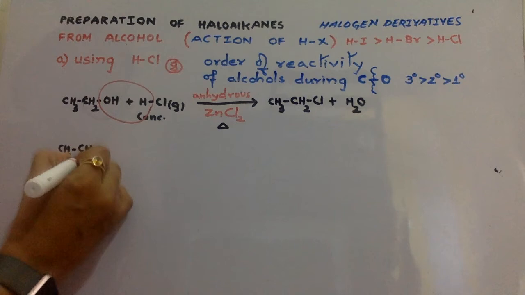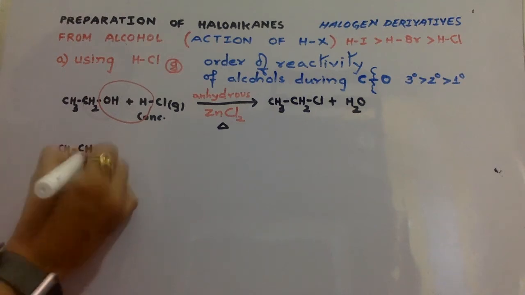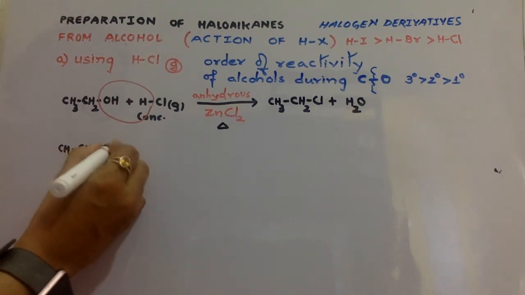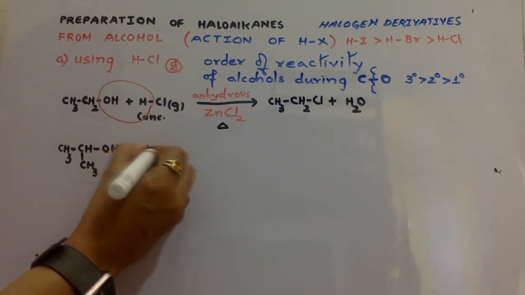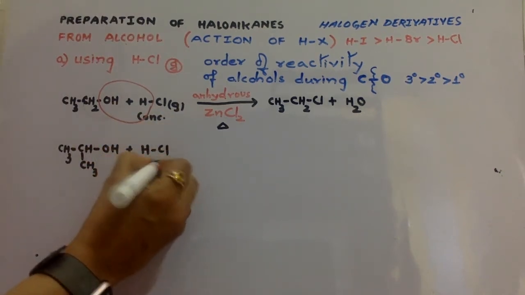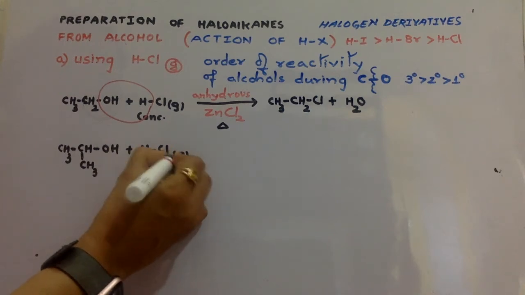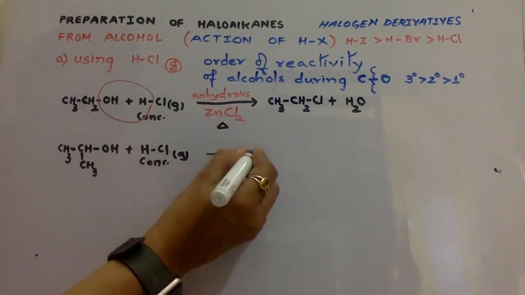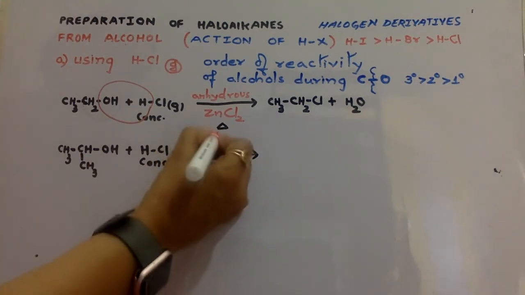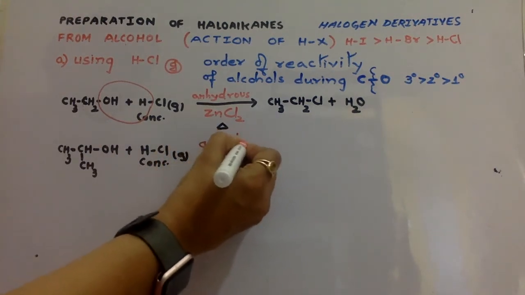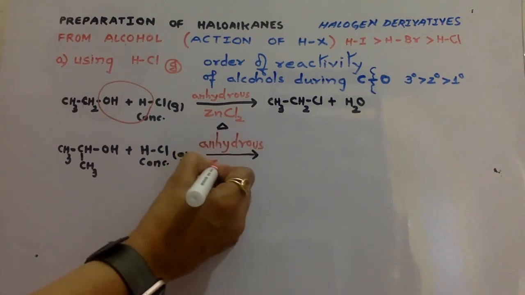When I take a secondary alcohol, here I am writing the structure of a secondary alcohol. I am placing the OH on a 2-degree carbon and I treat it with HCl, concentrated, that is gaseous. Again I need to use anhydrous zinc chloride. Heating is not required.